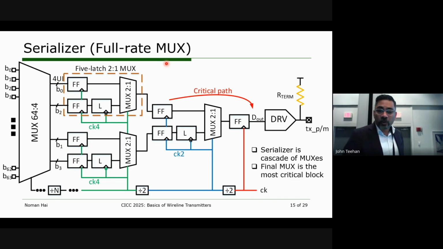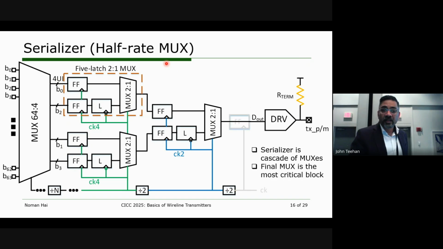We realized very quickly, this was done many years ago, maybe 15, 16, 20 years ago, that we used to do full rate. We moved to half rate mux very quickly. We found out that for less than 50 gigabits per second, we don't need the final mux, and we can use only a half rate clock. So now the clock is better and it's less power. So we can technically ignore the final flip-flop.